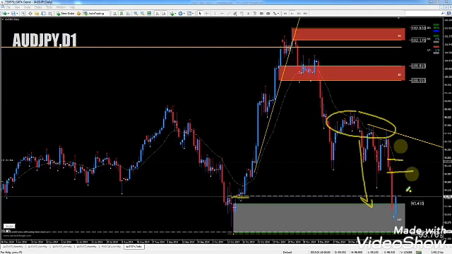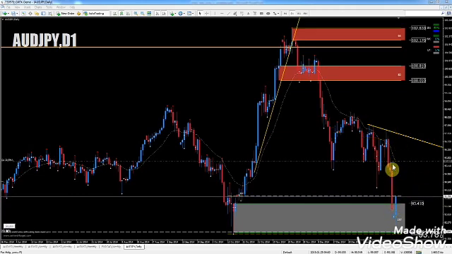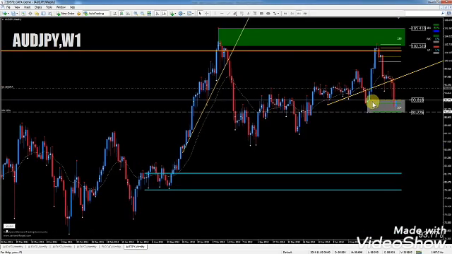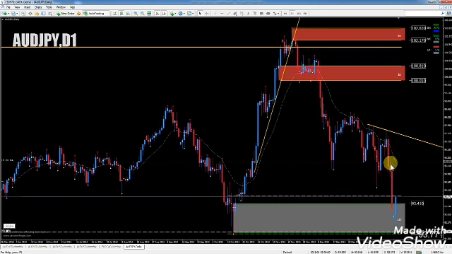This level over here that removed this little area of demand is valid supply, but a bigger time frame than itself, which is the daily, a weekly area of demand, is in control. So can this area work as supply over here? Yes, it can. But now we have a higher time frame area in control.